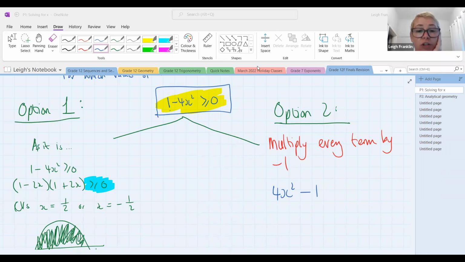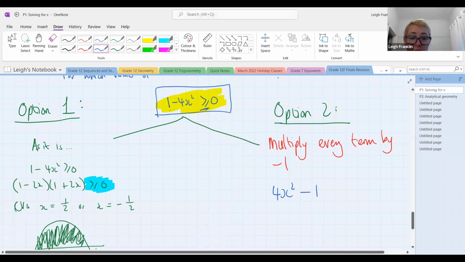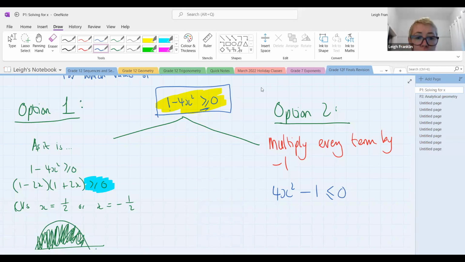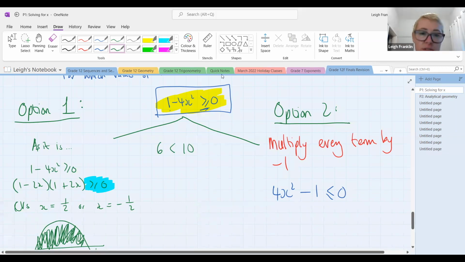The sign has to change around, absolutely. So instead of this being a greater than or equal to, it's now going to be a smaller than or equal to. The inequality sign has to change direction. The reason this happens is because of this. Let's say I make a statement: 6 is smaller than 10. That's a true mathematical statement.